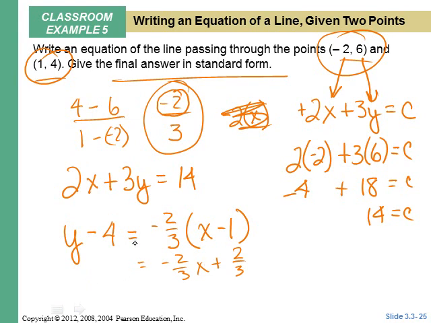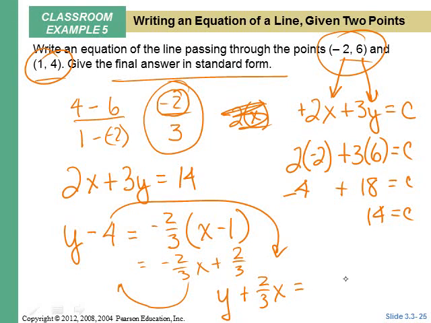We want the x's all on this side, and we want the 4 over on this side, so we'll get y plus 2/3 x equals 4 written as thirds, which is 12/3. So 2/3 plus 12 more thirds is 14/3. Usually they like to not have a fraction, so let's multiply everything by 3.